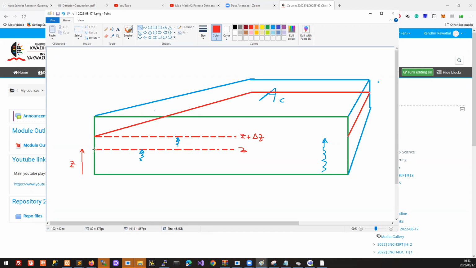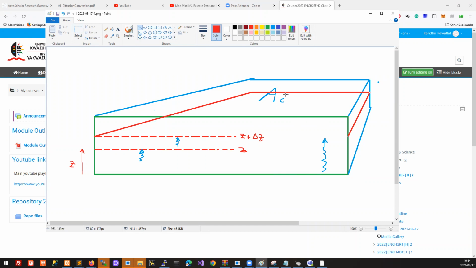And then the same applies for the lower layer. So I'll just draw it for the one layer at Z plus delta Z. You can draw the same plane for Z. So that whole plane, we are assuming it's a regular block. So the cross-sectional area AC, the top area, is the same as the area of this plane. And so the diffusion we are talking about at Z and at Z plus delta Z is into this whole plane, which has area AC. Okay, and we'll need that just now.